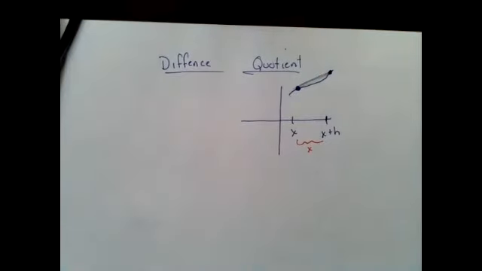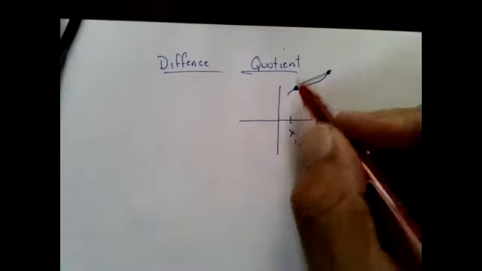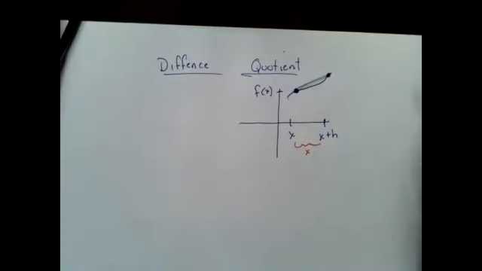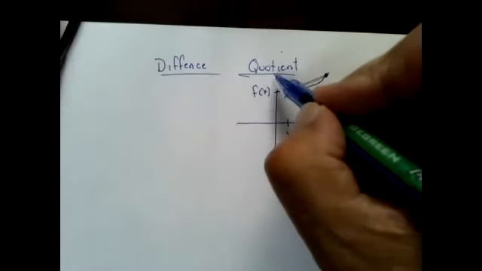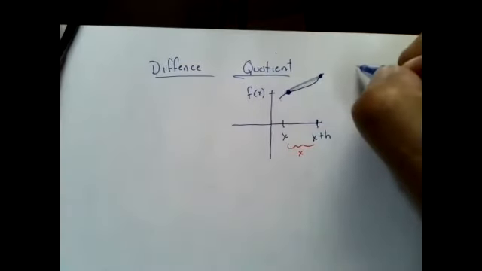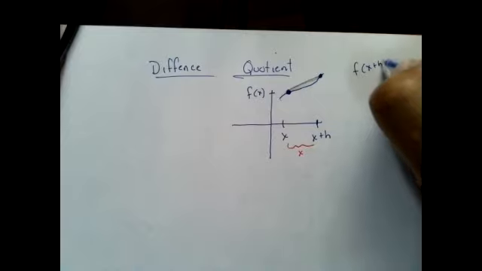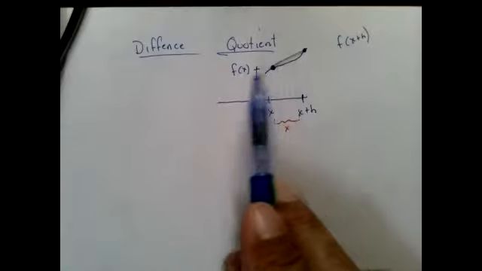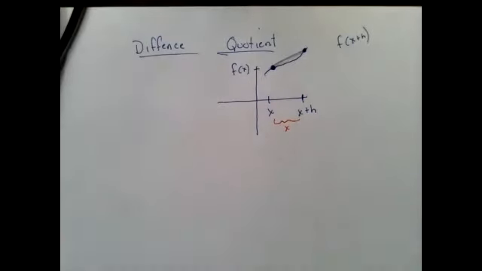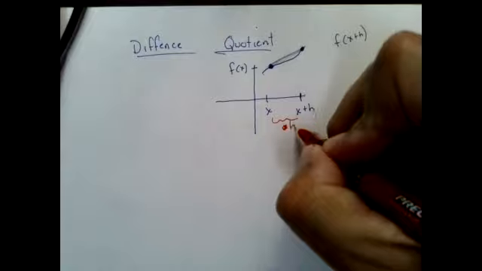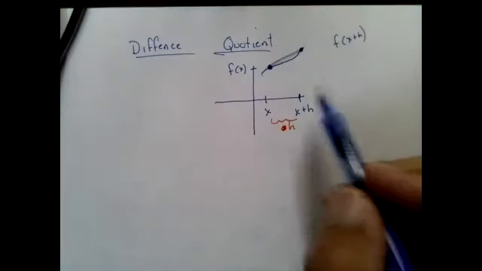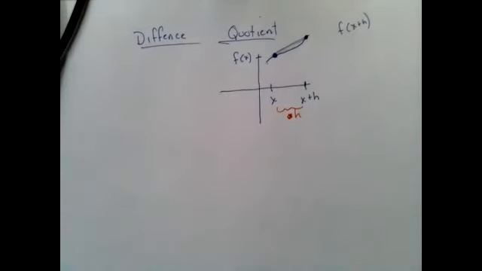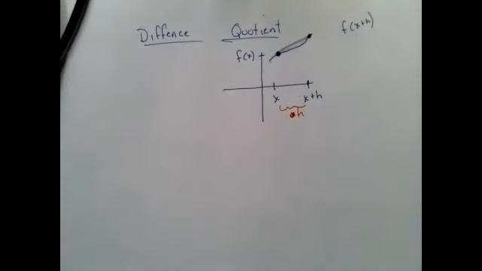Well, this X goes to that Y value, and this X goes over to the Y value f of X plus H. Here's X, there's its Y value. If I move over H, this now is whatever that was plus that H, and that's its Y value.